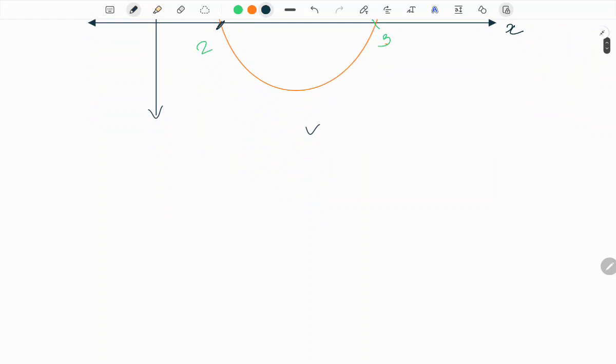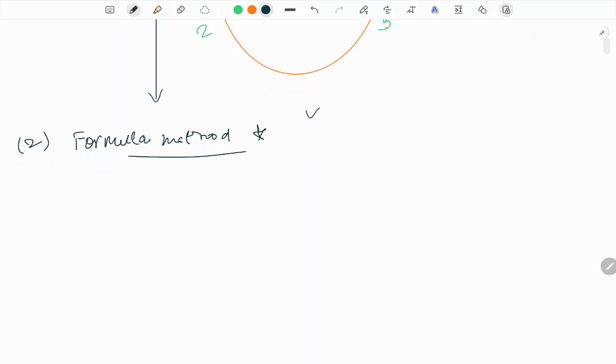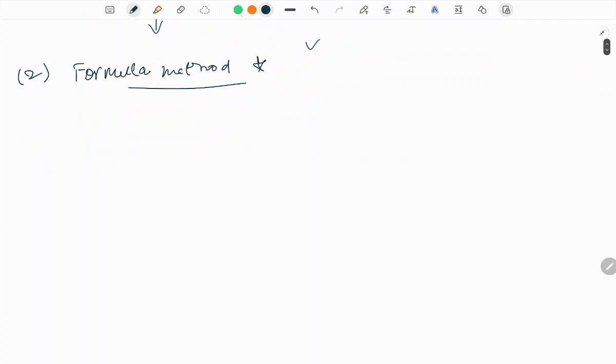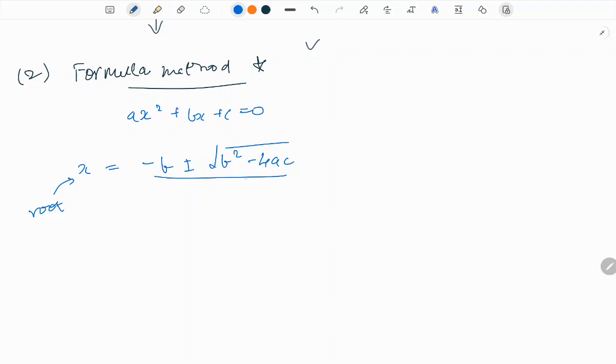So now let us move further to our second method, and that is the formula. This is the most important method that you need to remember in quadratics. If you have any quadratic equation, let us generalize it: ax square plus bx plus c equal to 0, then the roots of the equation can be found by minus b plus minus under root of b square minus 4ac upon 2a.